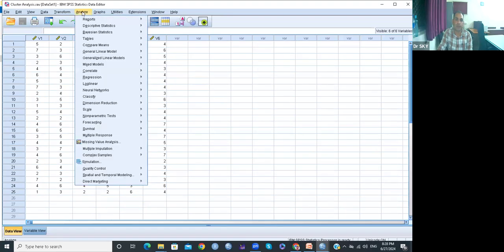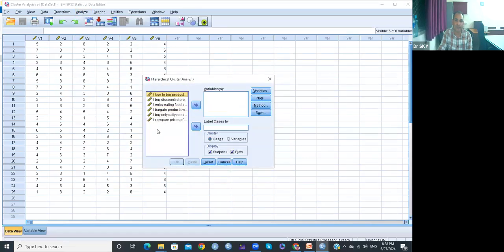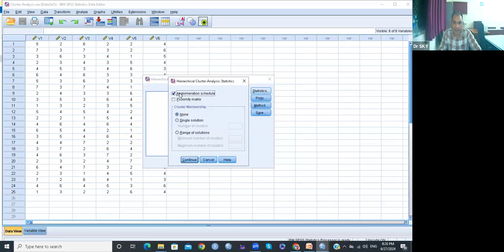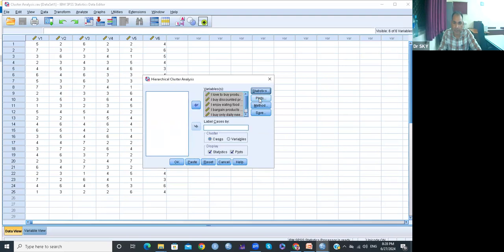Yes, see ma'am, go to analyze, then go to classify, and we are using first the hierarchical cluster analysis. You put all the variables here and go to statistics. You will see the agglomeration schedule, and okay, click on continue, then go to plot.